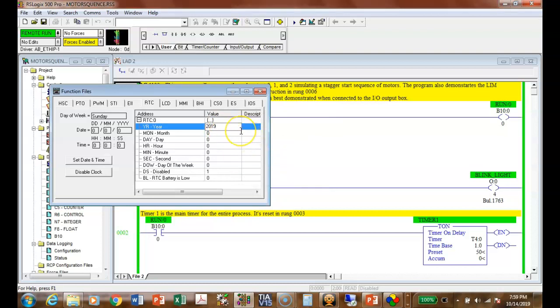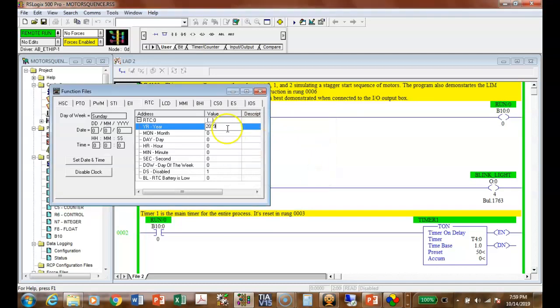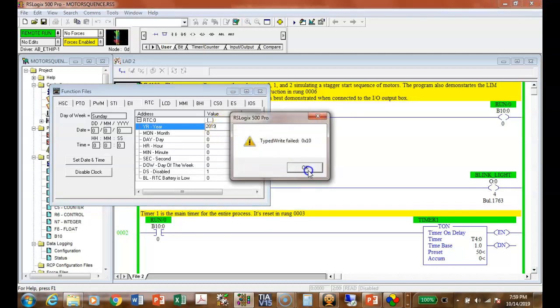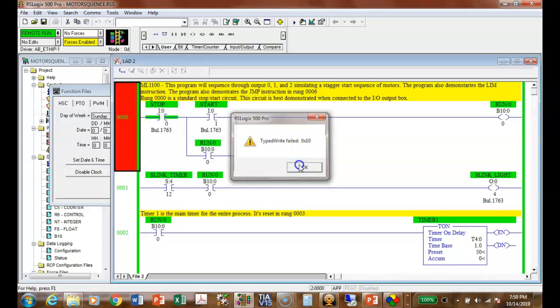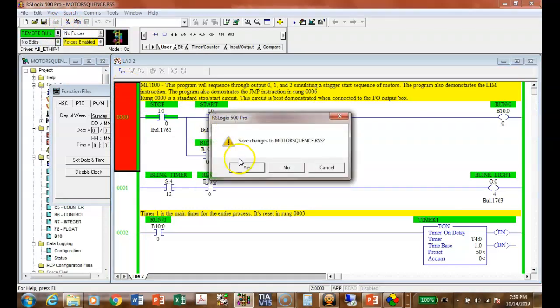Wait, it said it failed. Oh, I'm in run. I can't do this in run. We can't change the real-time clock when it's in run.